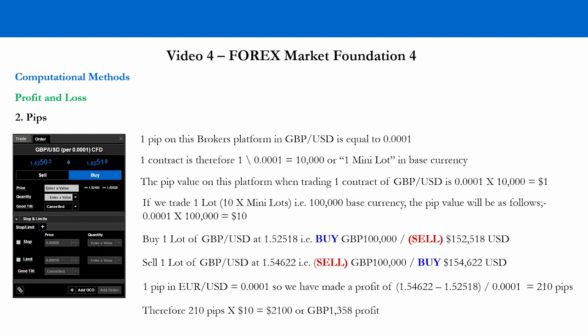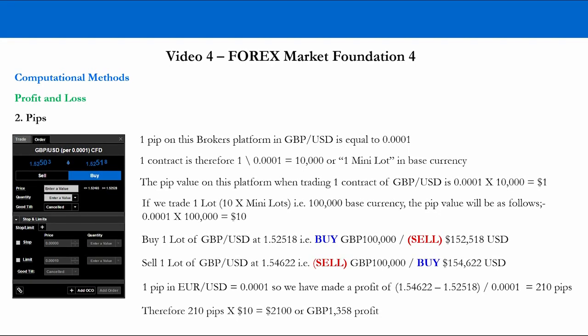If we then want to work out the sterling profit, as in the previous example, we take the current exchange rate, and here we divide 2,100 by 1 spot 54622, and we end up with a profit of £1,358, so expressed in base currency.